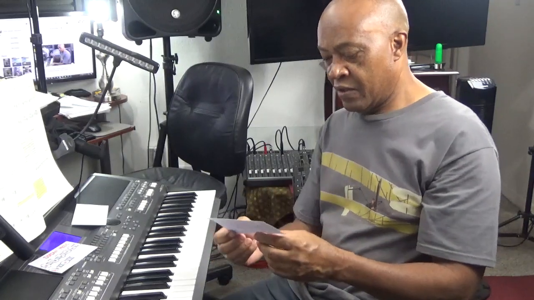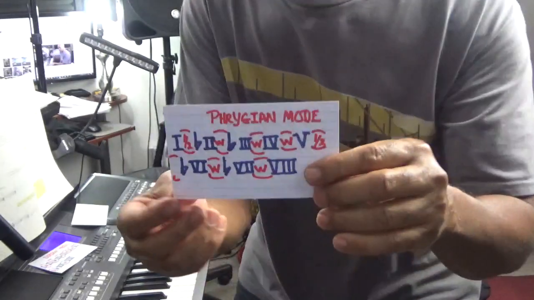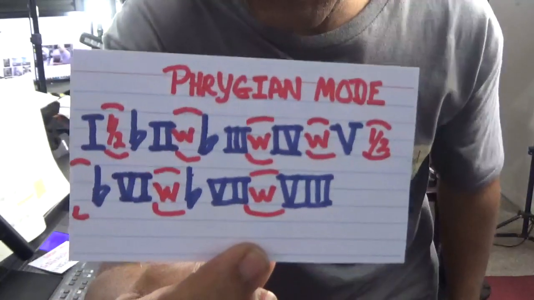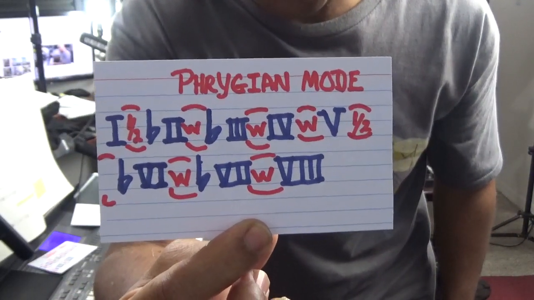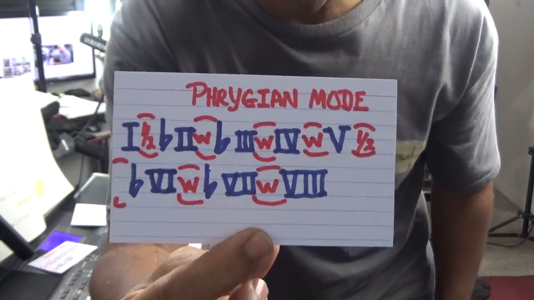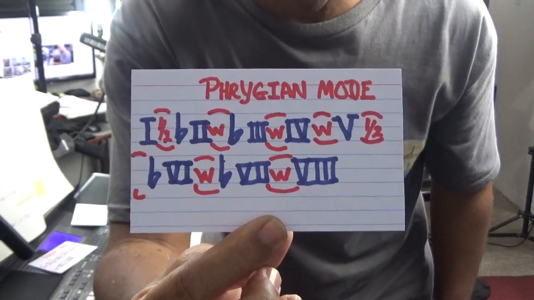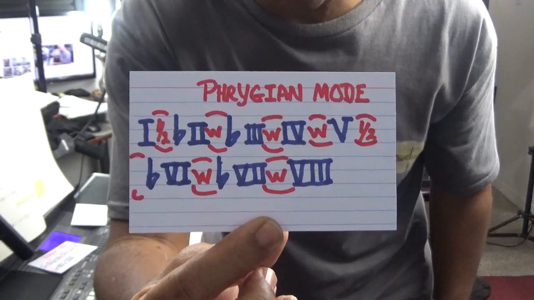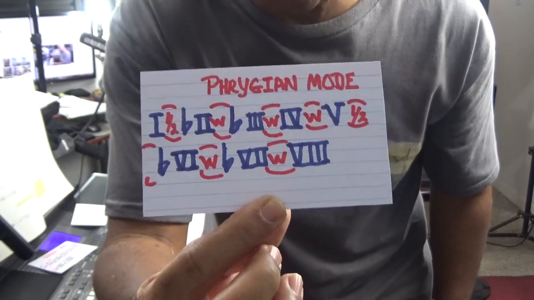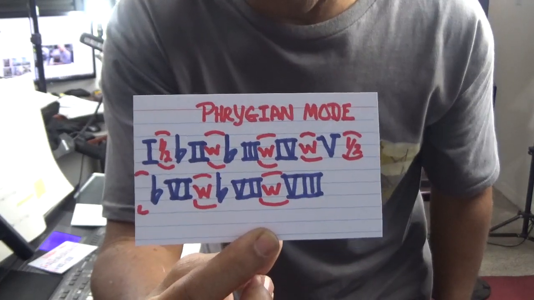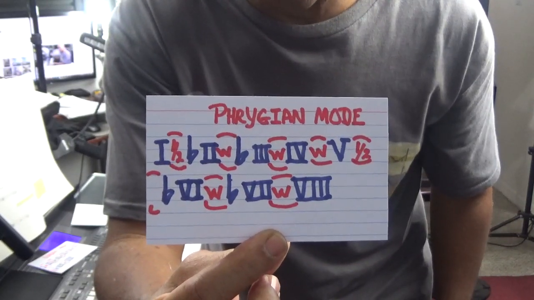The Phrygian mode starts on the third note of the major scale. In the case of C major, you start on E, and you play the scale of E, the Phrygian mode, all the way to the E octave.